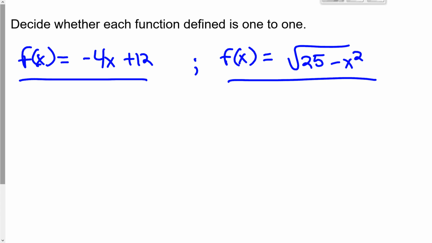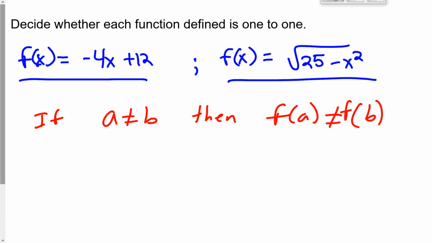Another way they can do this, looking at an equation, is by a more formal definition of one-to-one. So here's a more formal definition. If A does not equal B, then f of A does not equal f of B. What that means is, if my x's, A and B, are not the same, then my y's will also not be the same.